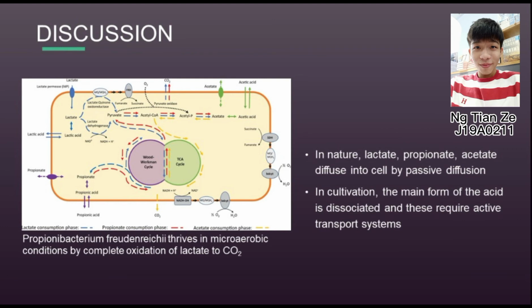Recently, a ferredoxin-based energy conversion system has been suggested in propionic acid bacteria, consisting of FixABCX, which oxidizes reduced ferredoxins and reduces NAD+.